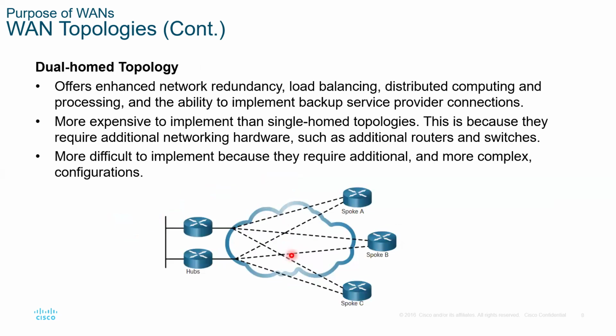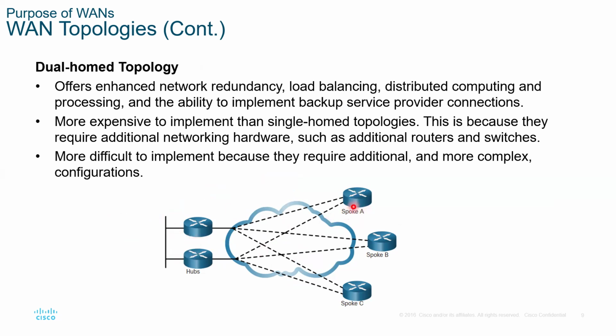Dual-homed topology. All right, with this one, this is a configuration where we have a device connected to two separate networks. So if you look at A, I think it still looks like a hub and spoke, but instead of having one hub here, we have two.